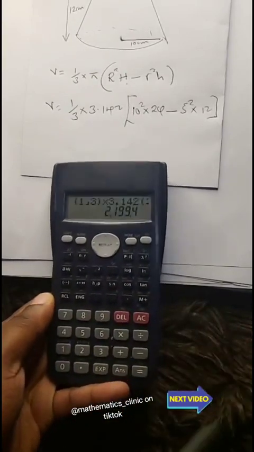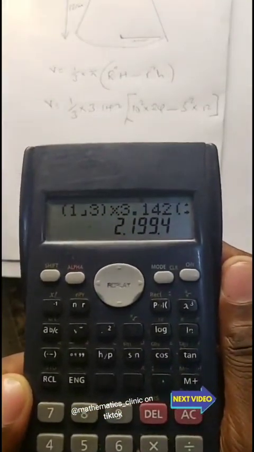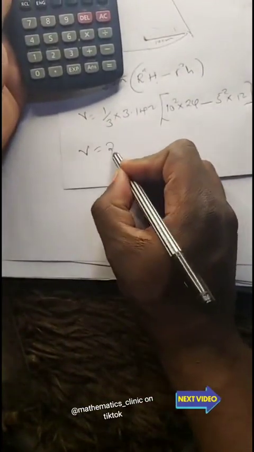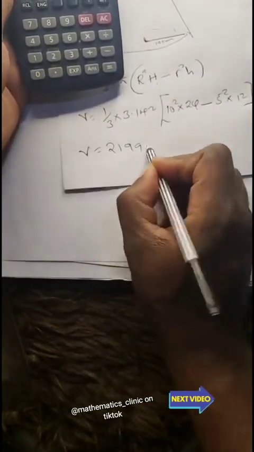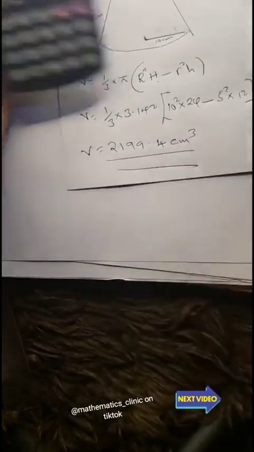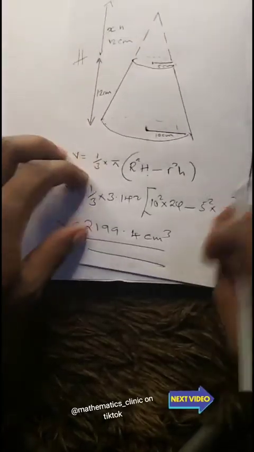Our answer is 2199.4. So the volume of the frustum is 2199.4 what? Cubic centimeter, since it's volume. As simple as that. That's how you get the answer.